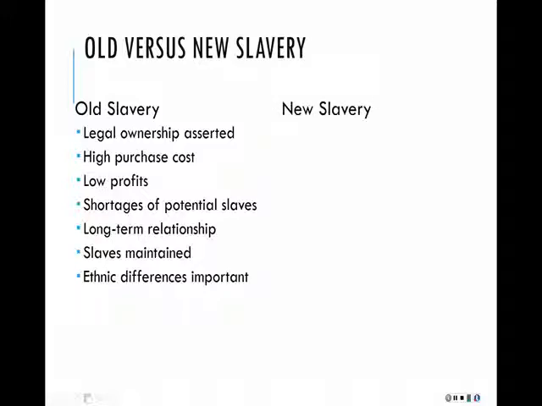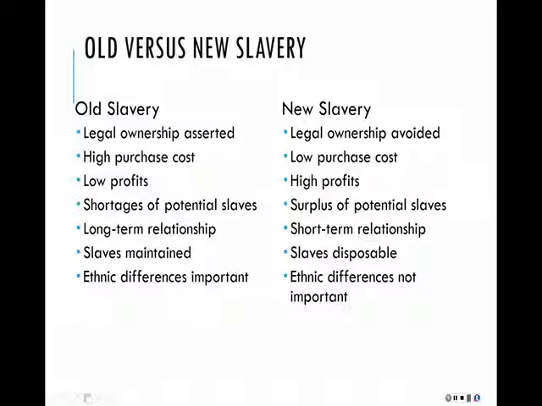When we think about new slavery, people don't want to own the others. They want to actually avoid that. There's low purchase cost but high profit. The whole idea is how to get the most amount of money out of the slave, and since most of these individuals are trafficked, they're not purchasing individuals like they did in the old slave markets.